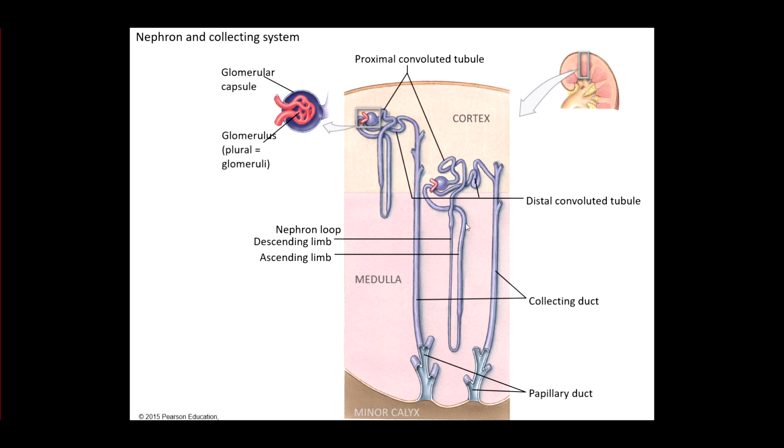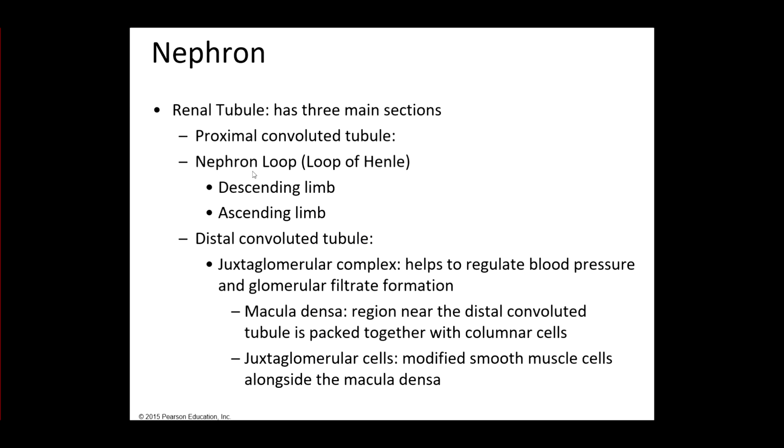So this whole thing, this down and then up, is the nephron loop. The part that goes down is the descending limb. The part that goes up is the ascending limb. Okay, so the nephron loop has a descending limb and then an ascending limb.